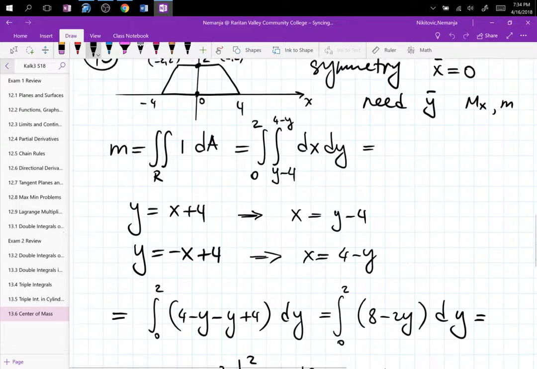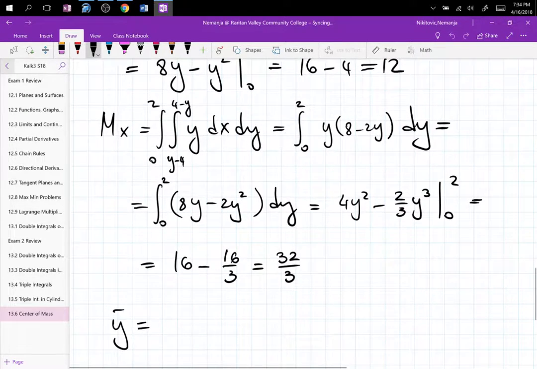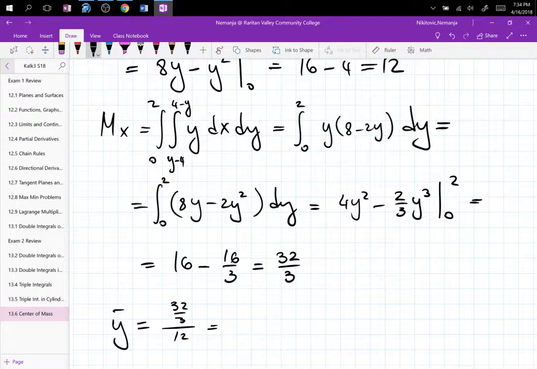So now we are going to divide our 32 over 3 by 12 and get 32 divided by 36, okay. So what is this? 8 ninths.